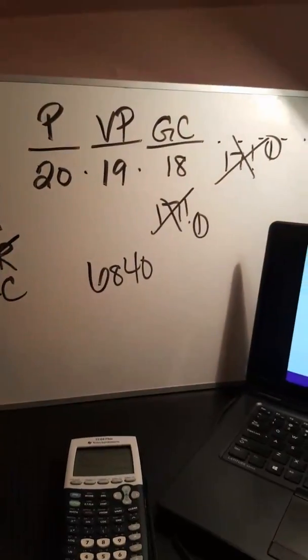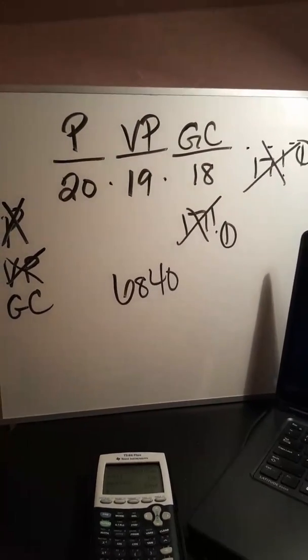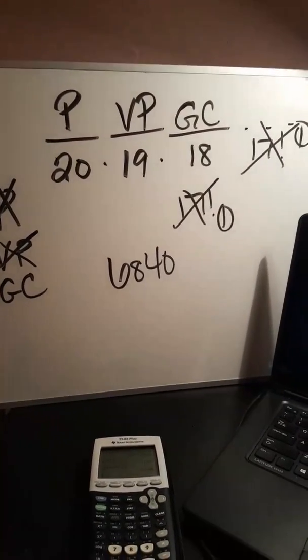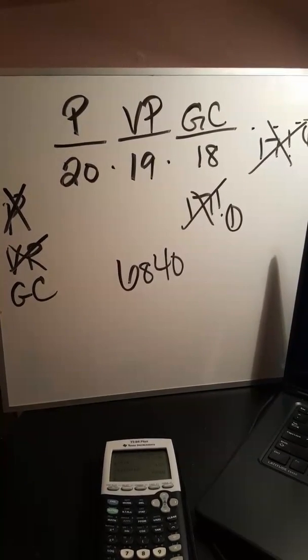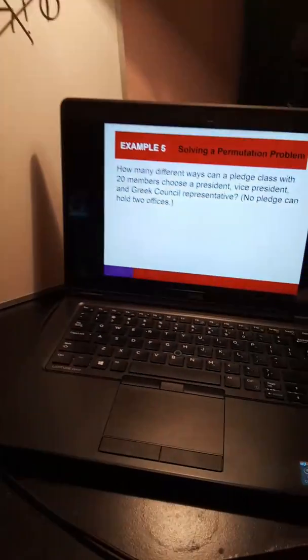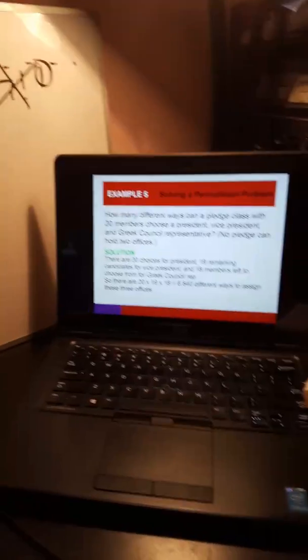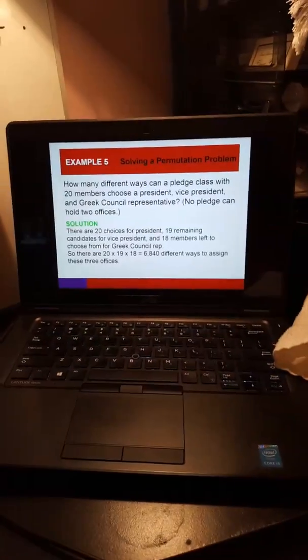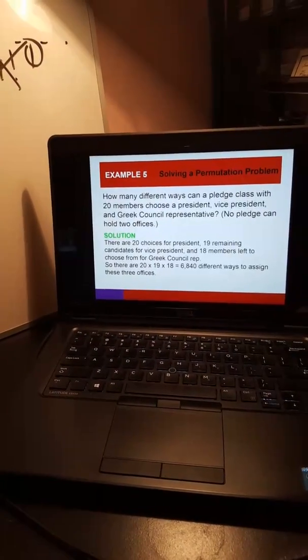The only thing we were worried about were the top 3 positions: president, vice president, and Greek council. There are 6,840 different ways that we can have those 3 positions out of 20 people. Do we have any questions?